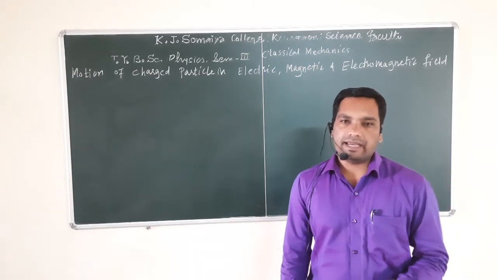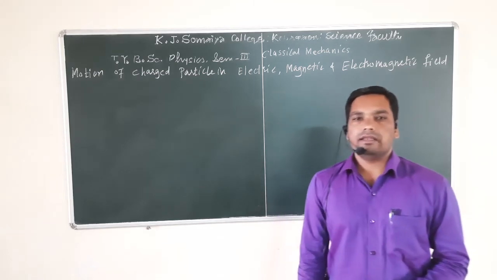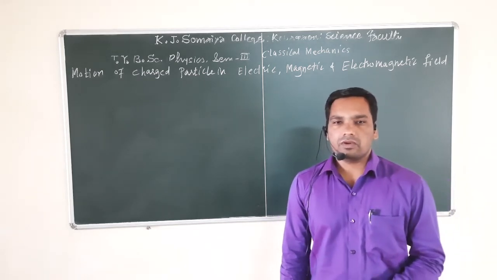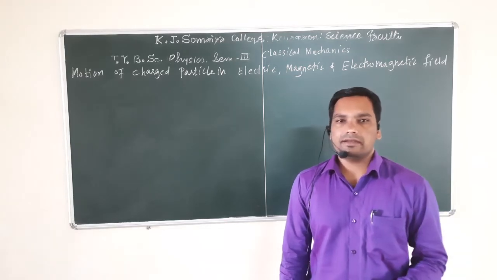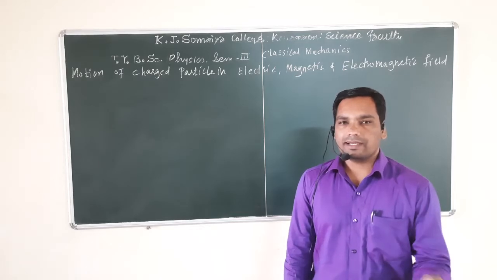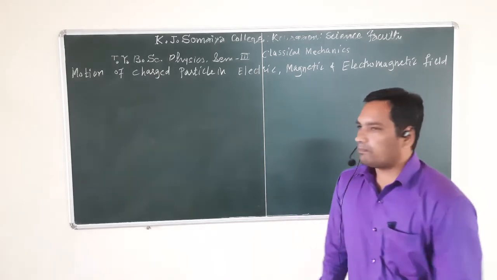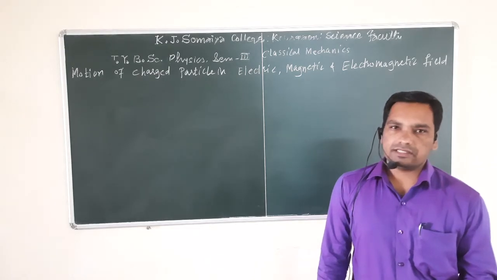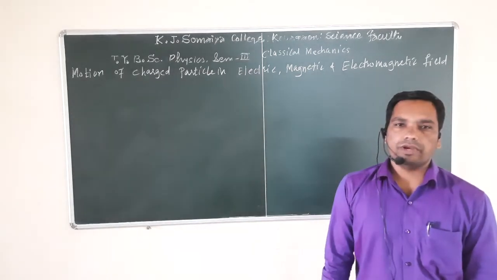Electrons have charge -e, protons have charge +e, then some ionic particles. Then there are some elementary particles like lambda particle, cascade particle. So those particles are having charges. If we place those charges in constant electric field, what is going to happen?